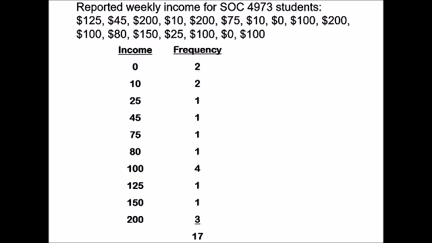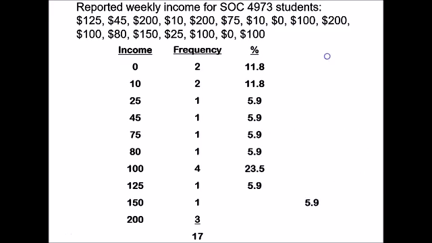Now, again, we want to get some sense of the distribution in terms of proportionality. And so the next step, of course, is to calculate the distribution in terms of proportions receiving given amounts. And so we find that about 12% made no income, another 12% only made $10, and so forth, all the way through the distribution.